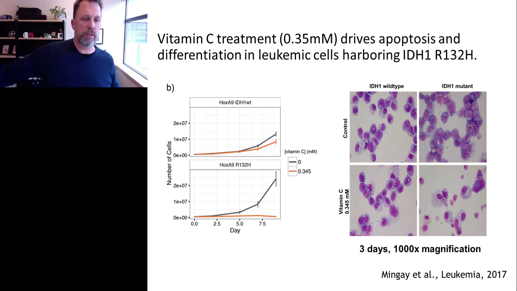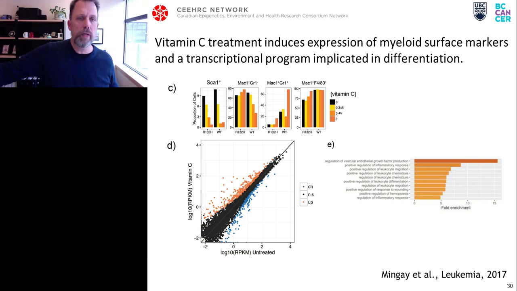R132H HOXA9 model. So we next looked at the molecular signature associated with addition of vitamin C. And indeed, as was evident in the previous slide, when we try to quantitate the degree of differentiation, as shown in panel C here, we see a loss of progenitor markers such as SCA1, and then a gain of differentiation markers MAC1 and GR1, suggesting that addition of vitamin C is indeed providing a push towards differentiation.